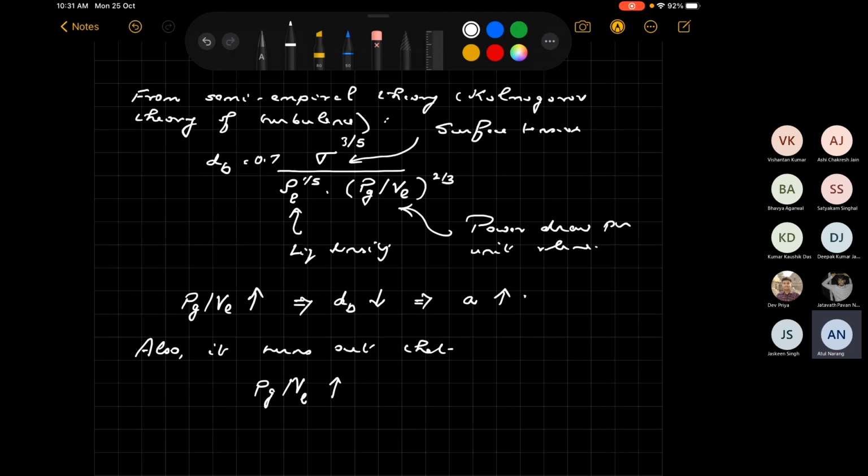Also, when PG over VL increases, then LL decreases, which implies that KL increases. So PG over VL, the power draw per unit volume, tends to pump up both KL and A, each of them individually.